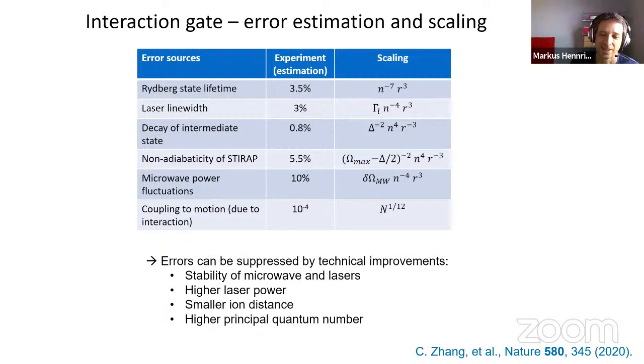Of course, to get even higher Rabi frequencies and get even faster, I think we need to increase the laser power. I already told you the laser power drops by half from morning to evening. There's quite a lot of technical improvement to be made on that so that we can operate it for a longer time and maybe even at higher power. And the microwave power fluctuations are certainly a critical point in our gate scheme.